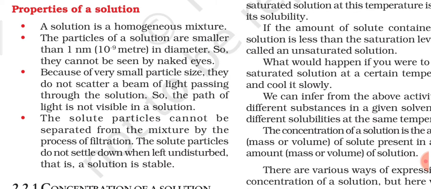If sunlight is entering your room through a very tiny hole in the dark room, then what will happen? You will see that the path of this sunlight becomes wider and wider, and the path of sunlight becomes visible to you. How is it becoming wider? It is because of the scattering of light.